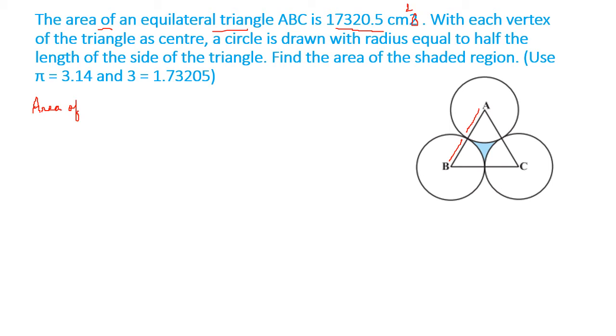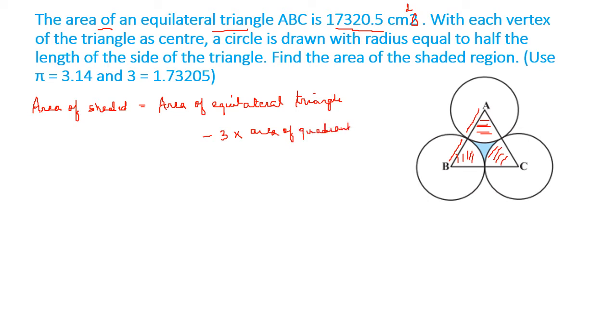Area of shaded region is equal to area of equilateral triangle minus 3 times, you can see this quadrant 1, quadrant 2, quadrant 3, so 3 times area of quadrant with theta how much?